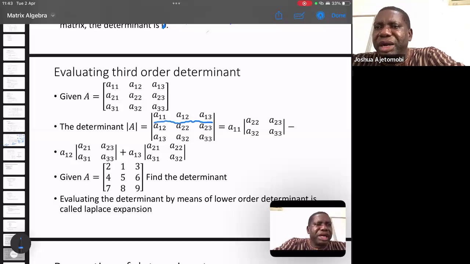So I will take the minor. The minor is when I cancel the row and the column. What is left? If I cancel the row and the column in respect of A11, what I'm left with is A22, A23, A32, A33. And that's how we obtain this.